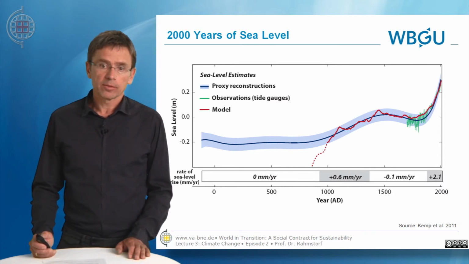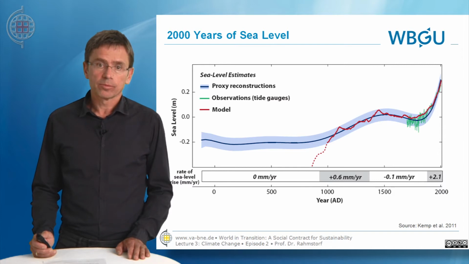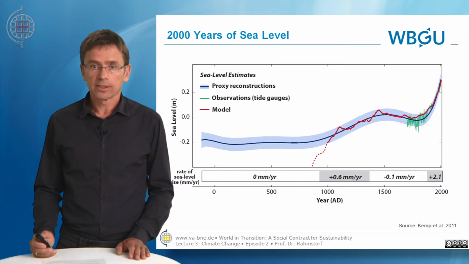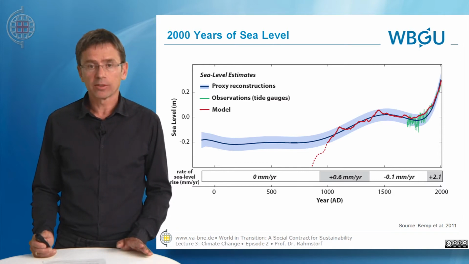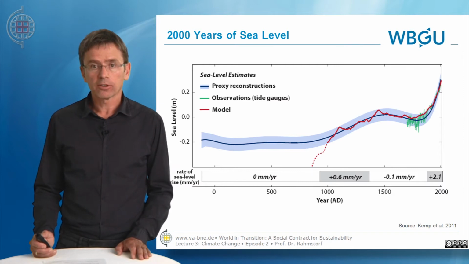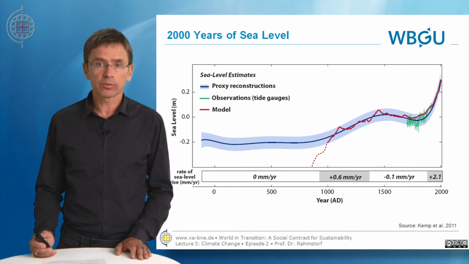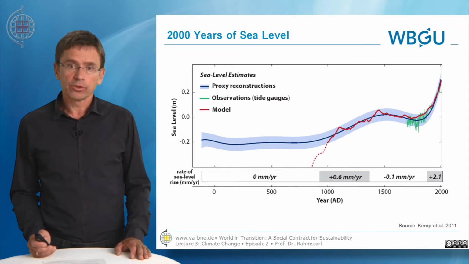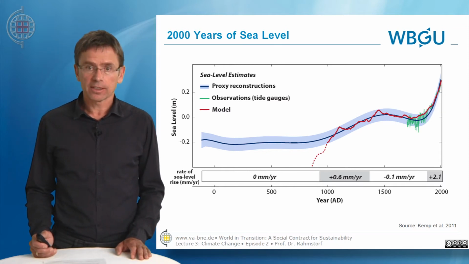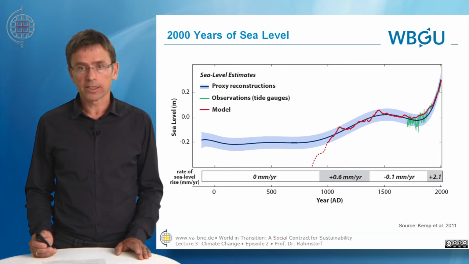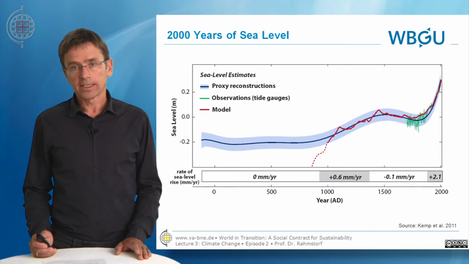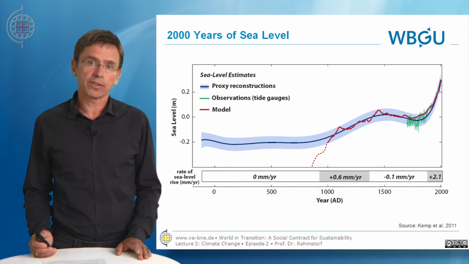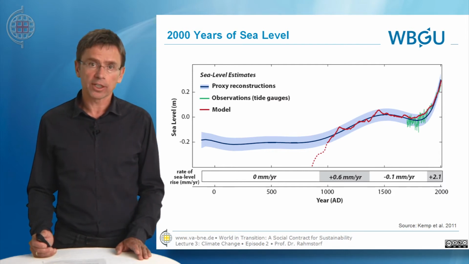We see sea level pretty steady between the birth of Christ and the medieval age to the year 1000 AD, then a slow rise by about 0.6 millimeters per year up to about the year 1500. After that, sea level is steady again until the modern 20th century rise begins, which is about 3 times faster than any sea level rise we find for the last 2,000 years here.